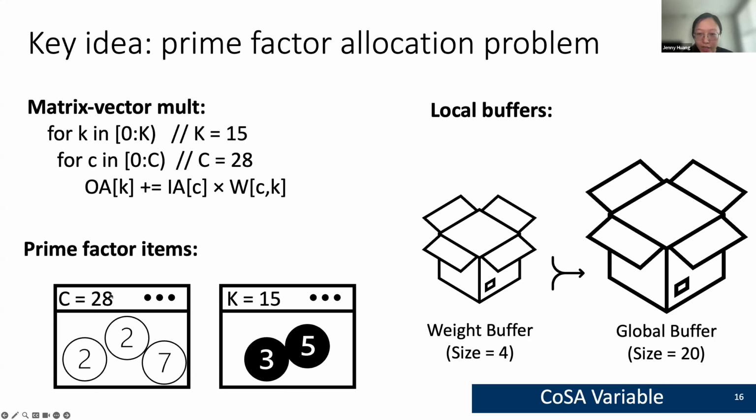We have 28 split into 2, 2, 7 as the prime factors, and 15 gets split into 3 and 5. And we can now treat each buffer as a box with limited capacity that we can put these prime factors into.